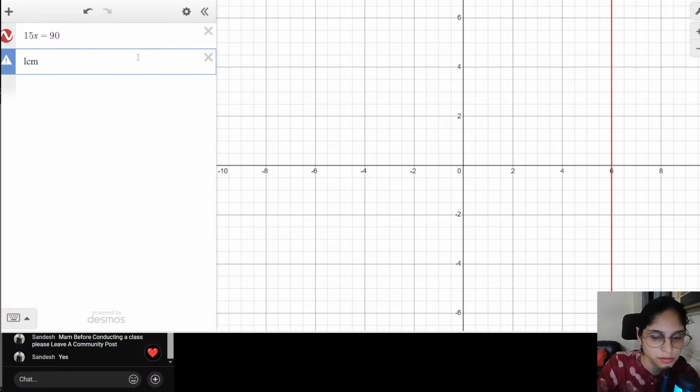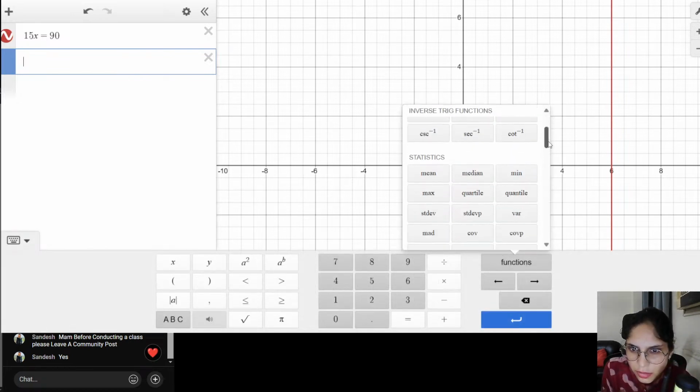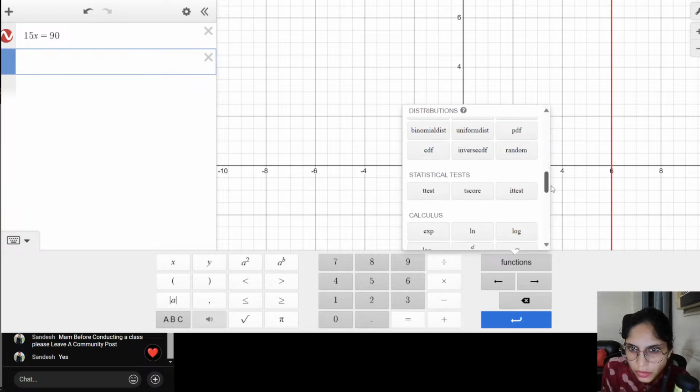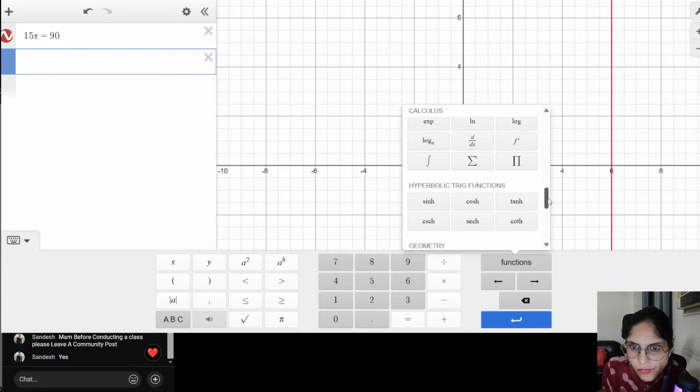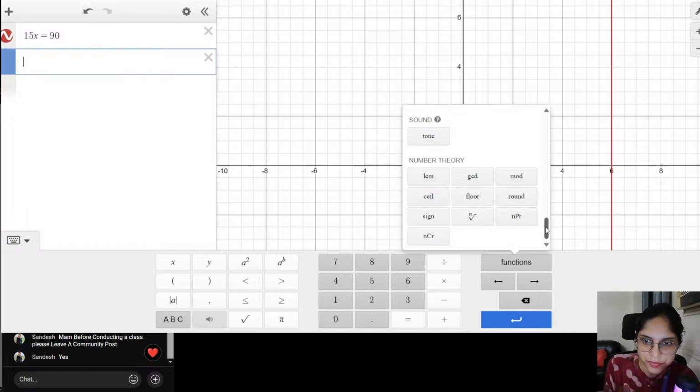So yeah, one more thing. LCM you can find. Just give me a second. I think I saw it somewhere. Yeah. See over here? You can find LCM and GCD.